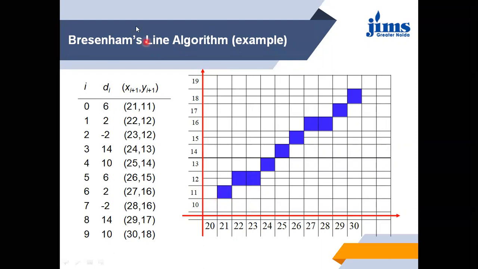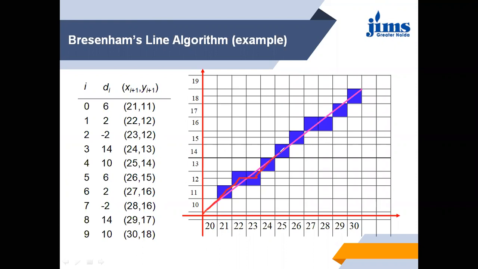So from here we can see the representation of a line. When we draw this line, the original line should be this one. But our line is right till this point, and after this it's going in this way.